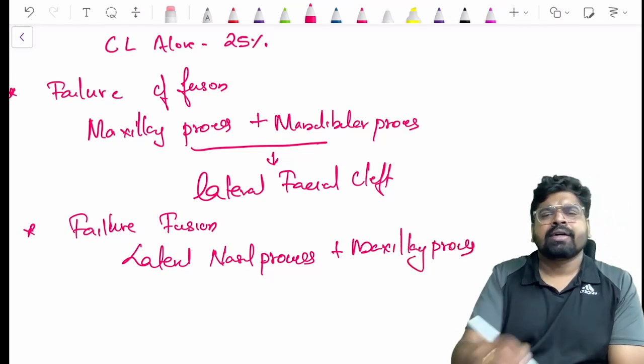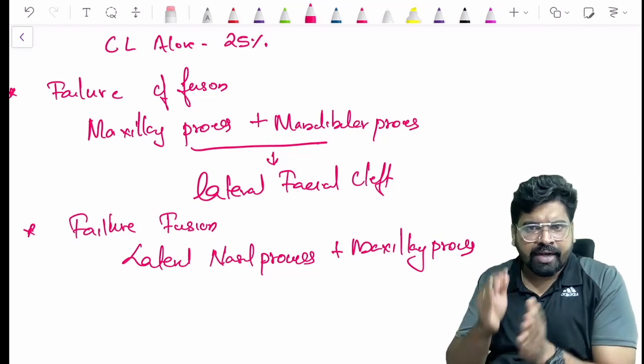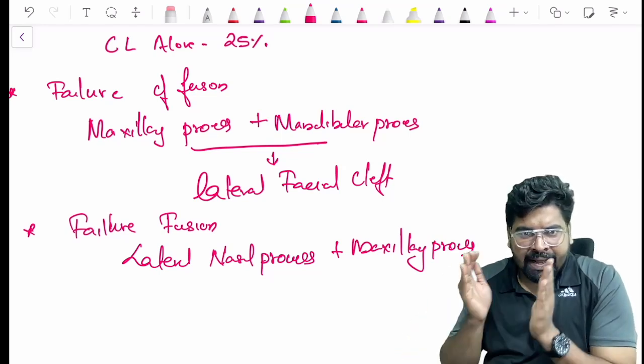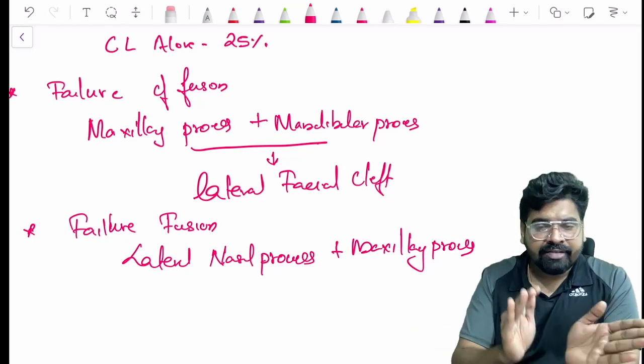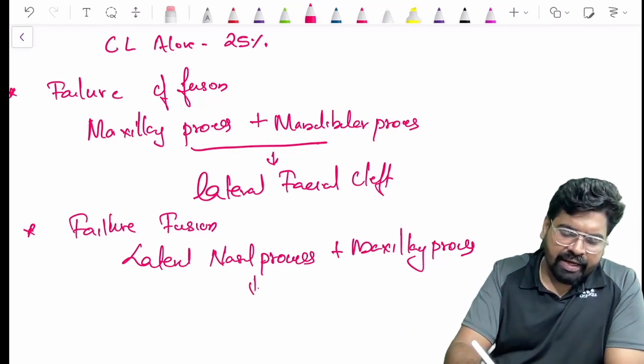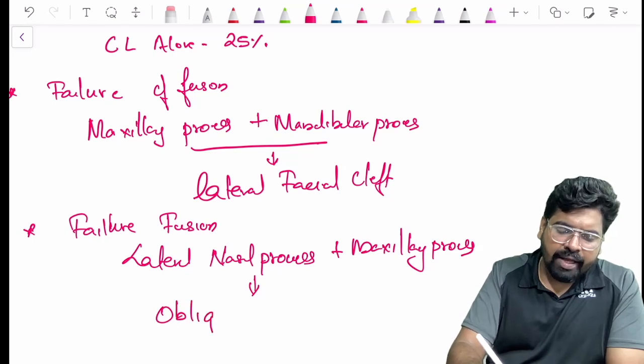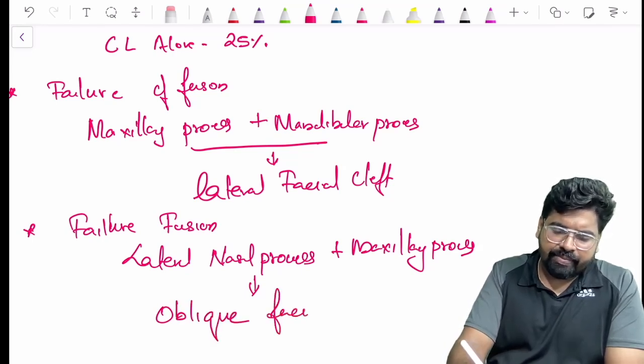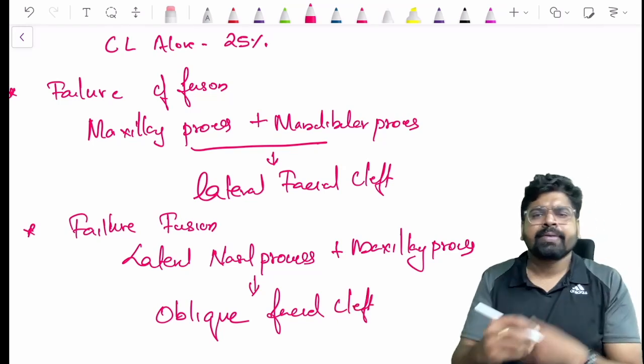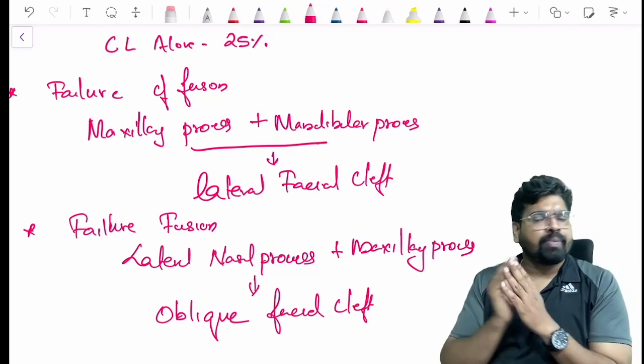We have seen that the maxillary process and the median nasal process give rise to a cleft lip. Just remember the terms lateral facial cleft and oblique facial cleft.